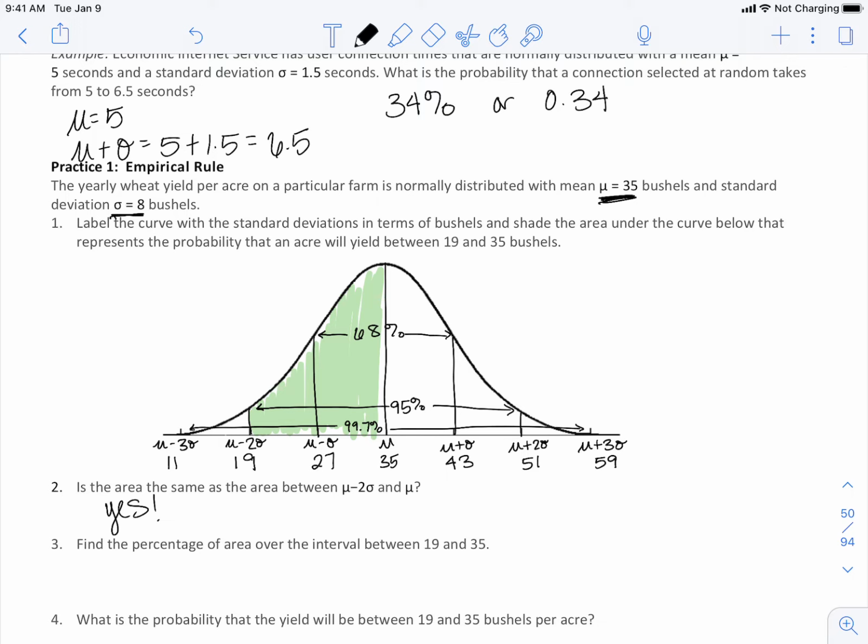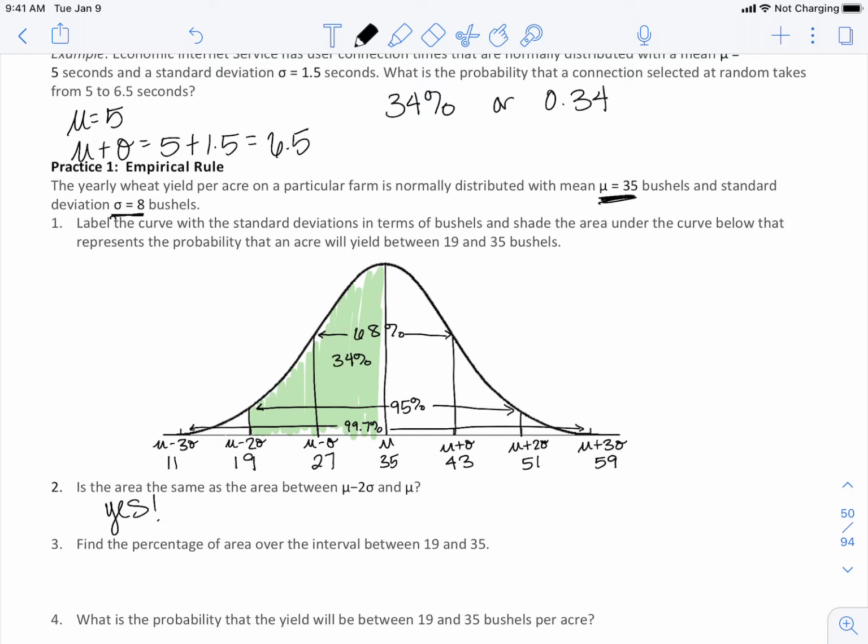Find the percentage of area over the interval between 19 and 35. I want you to find this. Okay, so we know that half of 68 is 34%.